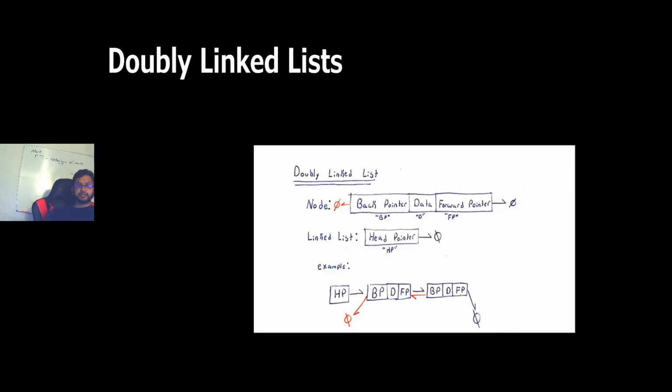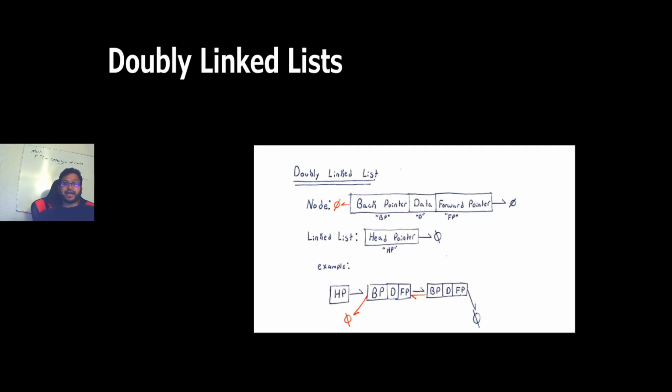For a doubly linked list, you have a node, however, it has a back pointer, which points to null, it has the data, and then it has a forward pointer, which also points to null. And then the linked list is, again, initialized to null as well. If you wanted to see an example, we have one here, where the head pointer, shown as HP, points to the first node, the back pointer of the first node points to null, you have the data, and the front pointer, as normal, points moving forward.